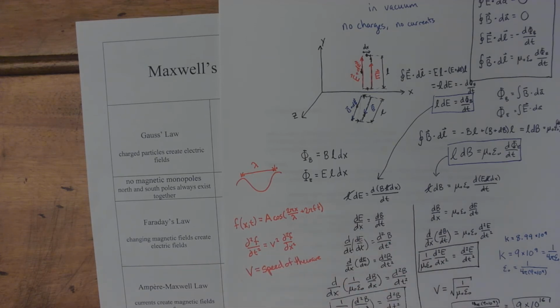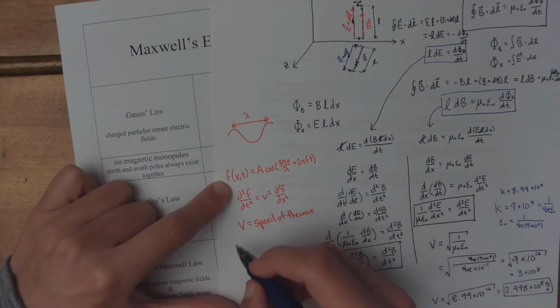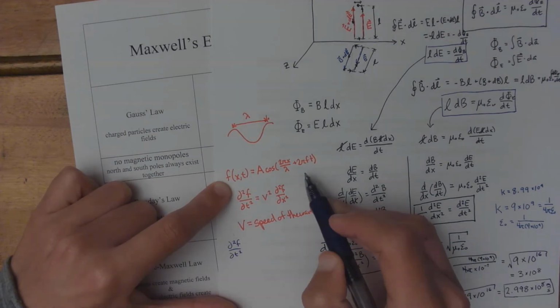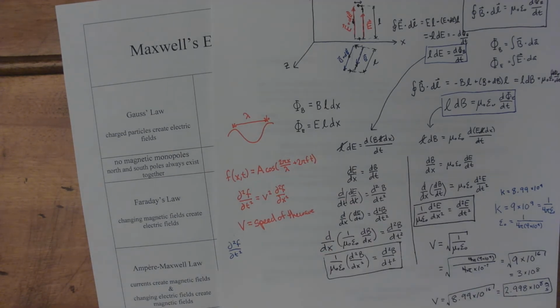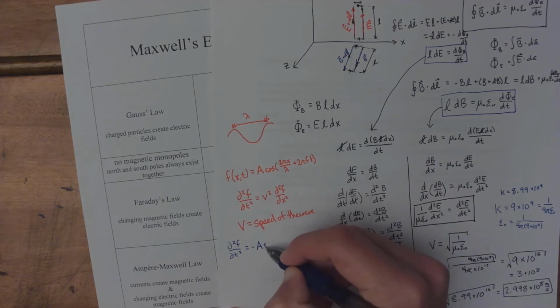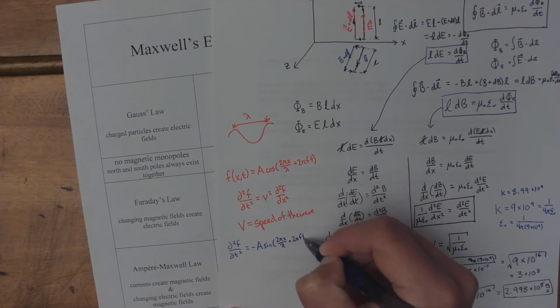So let's just check and make sure that that is true. I want the second derivative of this wave with respect to time. If I take one derivative, that would be negative a sine of 2 pi x over the wavelength plus 2 pi ft.